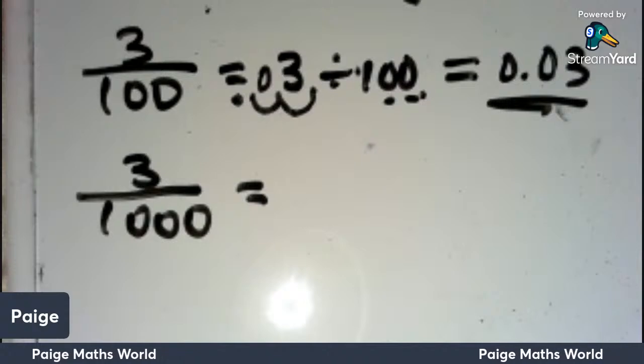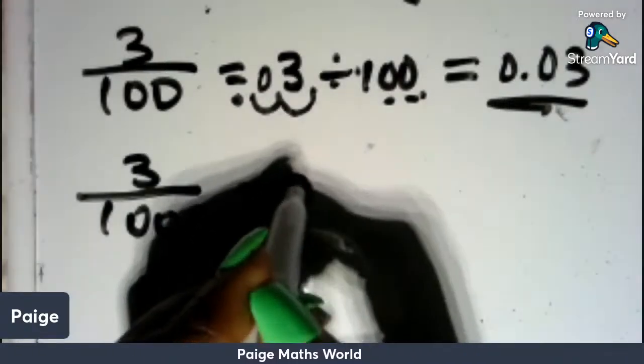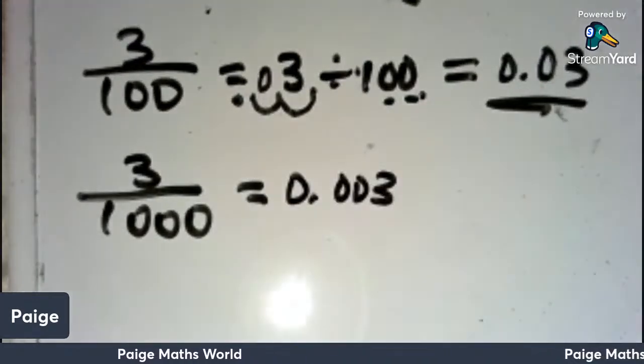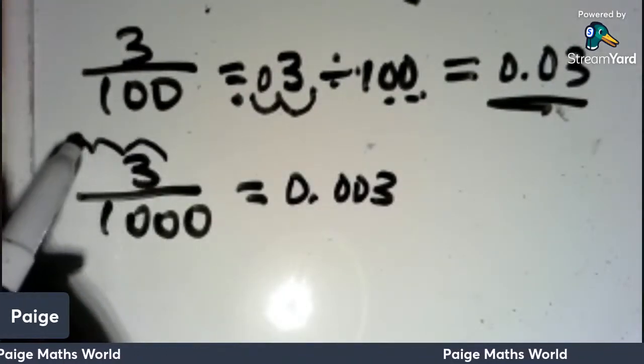All right. Yes, Raymond. Yes, Taryn. So that as a decimal is 0.003, because you move 3 places to your left.